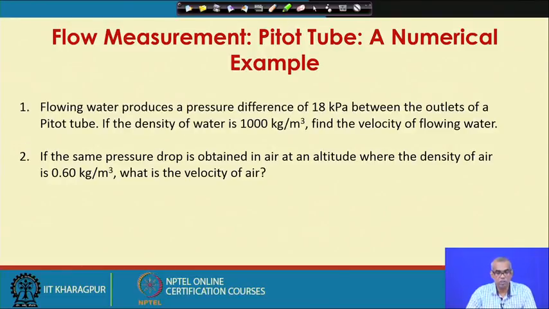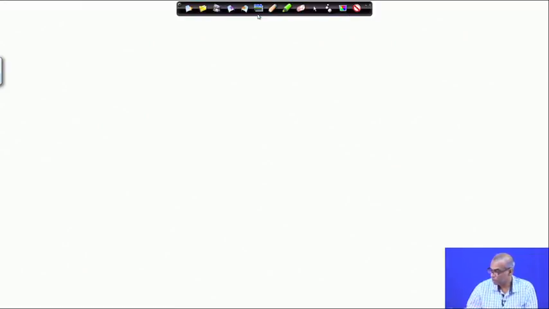So, I am measuring the velocity of flowing water using a Pitot tube and it has produced a pressure difference of 18 kilopascal. The density of the water is 1000 kg per meter cube. What is the velocity of the flowing water? So, how do I solve this problem? The first thing that we do is, let us write down what are the informations that are available.